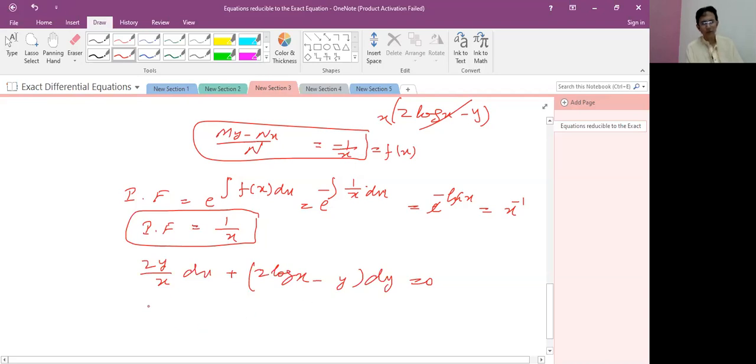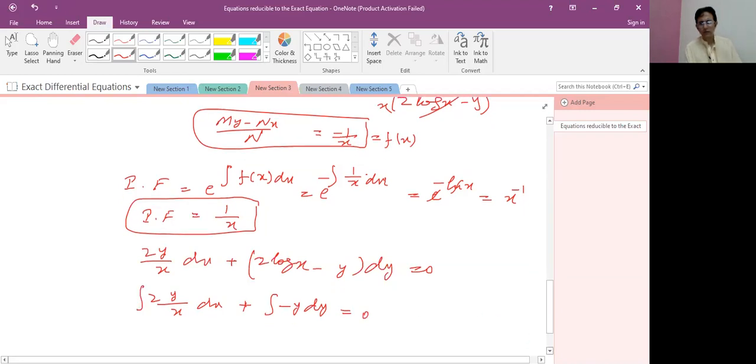If we separate them, so 2y upon x into dx plus minus of y into dy. We integrate only with respect to x, keeping y constant.